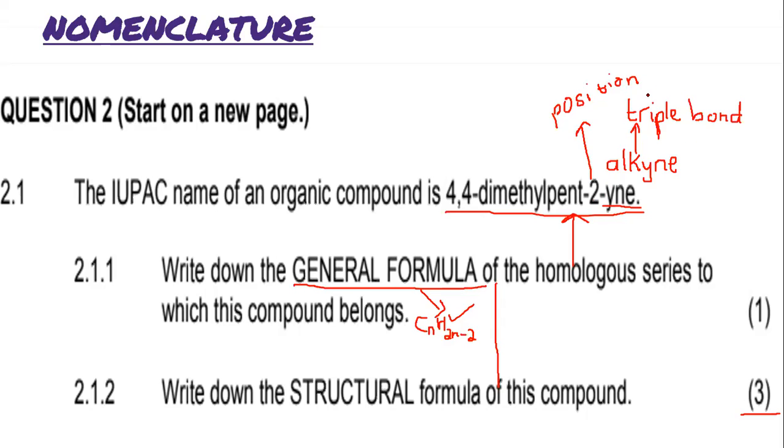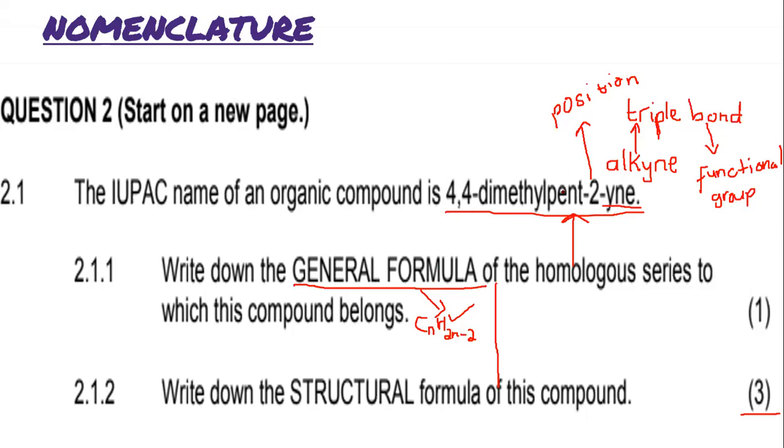It means the triple bond must be on carbon 2, and if it is on carbon 2, it basically tells me that I will get it between carbon 2 and carbon 3. So remember, the 2 gives the position of the triple bond. And we know that the triple bond is actually the functional group. Can you see, my dear learners, how we can use these questions to revise a lot of things?